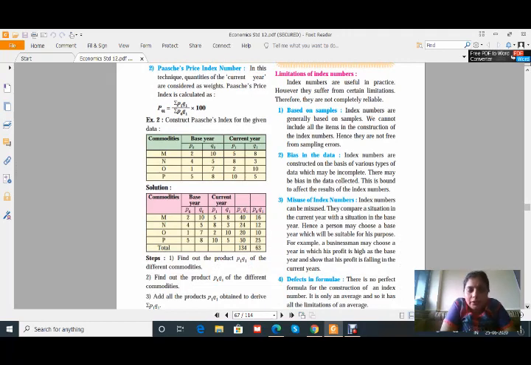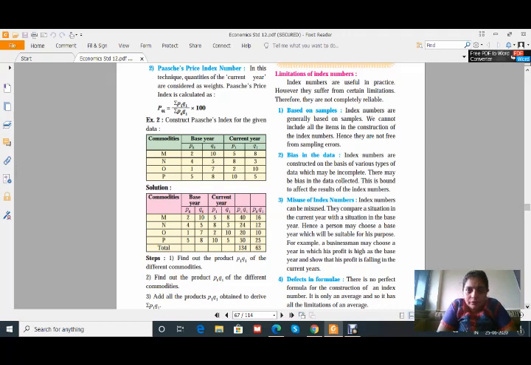See the example. M, N, O, P, four commodities are there. For the very first P1 Q1, 5 into 8 is 40, 8 into 3 is 24, 2 into 10 is 20, 10 into 5 is 50. For P0 Q1, 2 into 8, that is 16, 4 into 3 is 12, 1 into 10 is 10 and 5 into 5, that gives us 25.